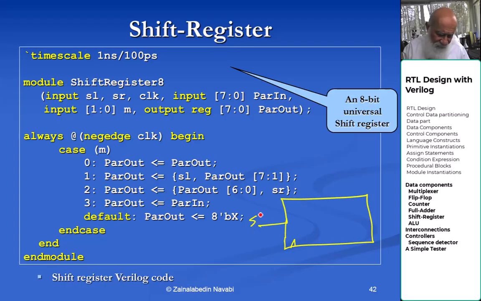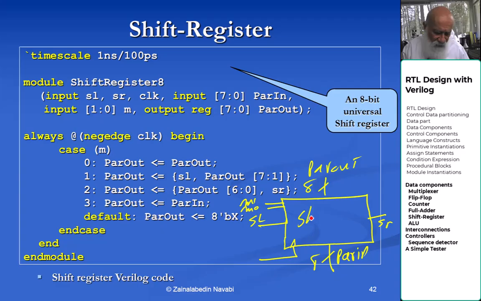Serial left, serial right, a mode input M1, M0, taking values 00, 01, 10, 11. It has a clock. It has 8 bits of parallel input, pin, and 8 bits of parallel out, pout. This is a shift register. Not a shifter only, it's a shift register.